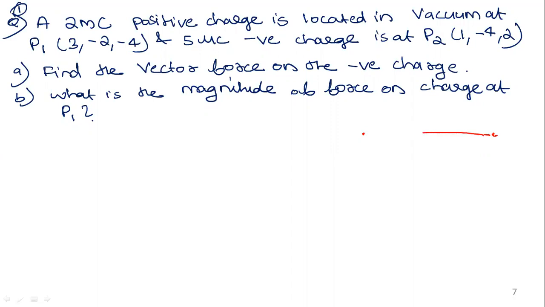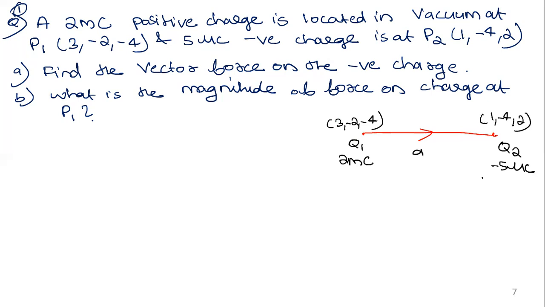So this is Q1, which is 2 microcoulomb, and it is at 3, minus 2, minus 4. And this is Q2, which is minus 5 microcoulomb, which is at 1, minus 4, 2.